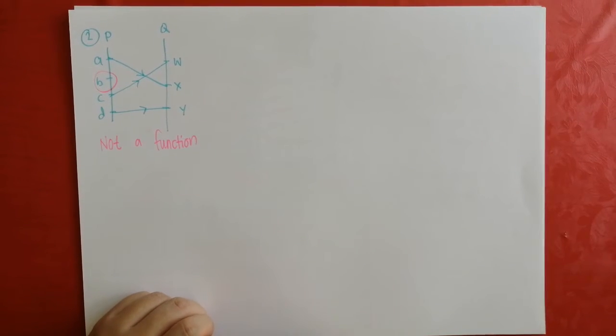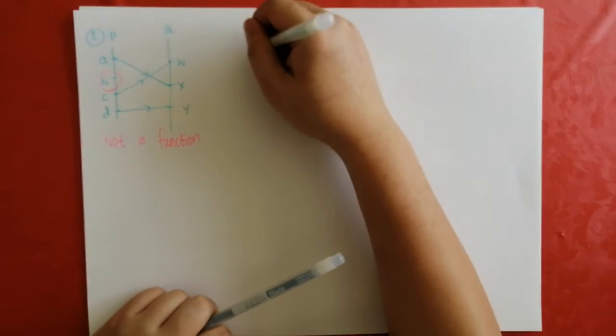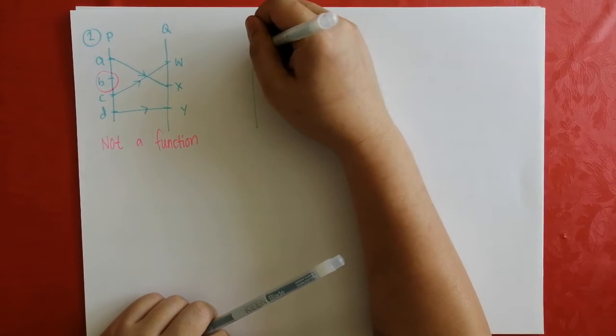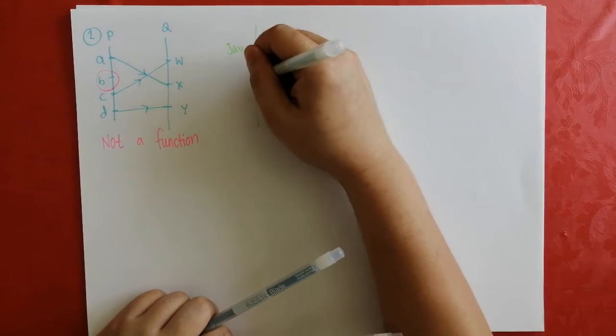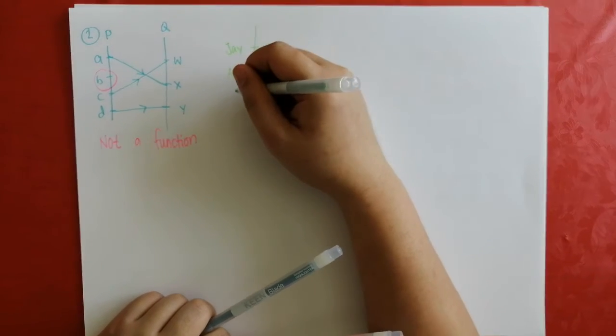If we look at the second diagram, we have a set of objects, three persons: Jay, Asri, and Bala.